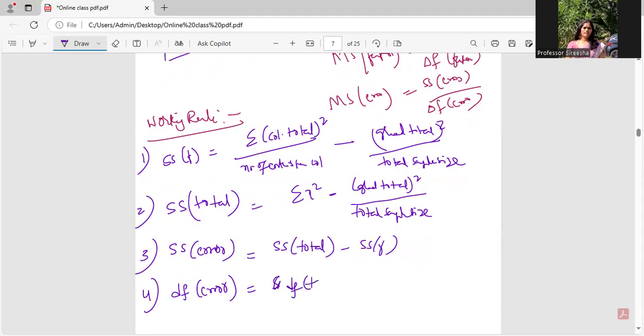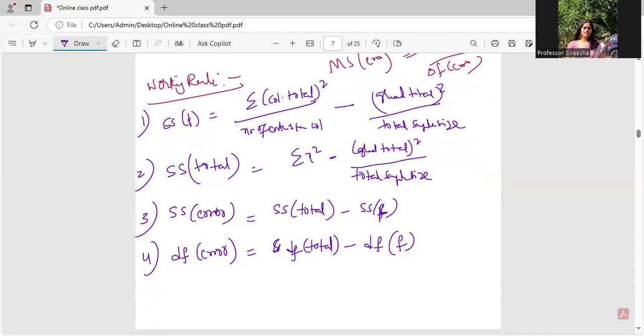DF total minus DF factor. Of course, I'll discuss with an example in case there is some doubt. How do I calculate DF total? DF total is R into C, rows into columns, minus 1 is what I will take.